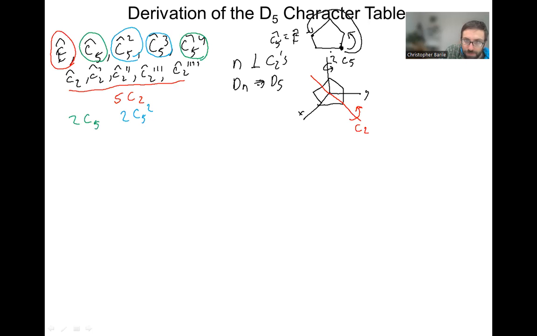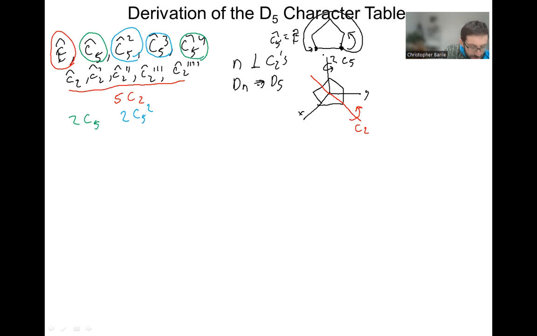Oops, I did a C5^3, I'm sorry about that. C5^4 goes all the way around back here.